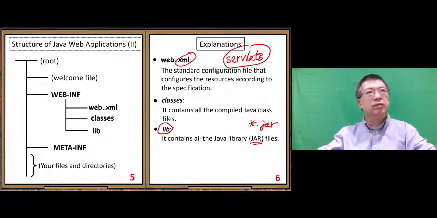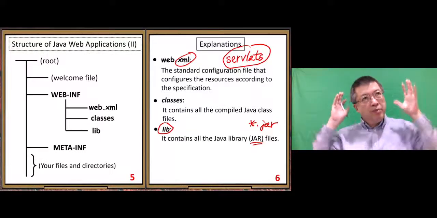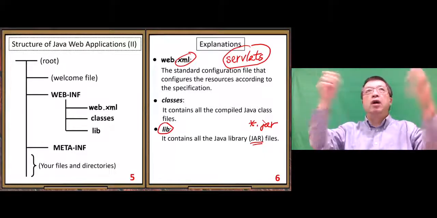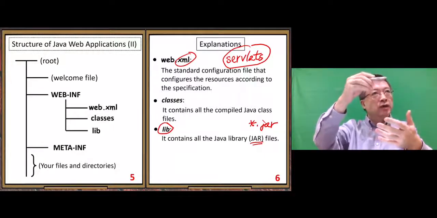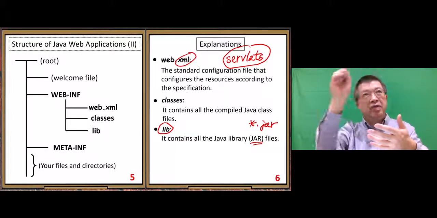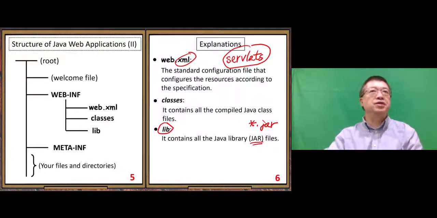So we get those special library files and just copy and paste them in this folder. Then in our Java program, we import the classes we need, based on the API, and write our code using those classes. So very convenient.